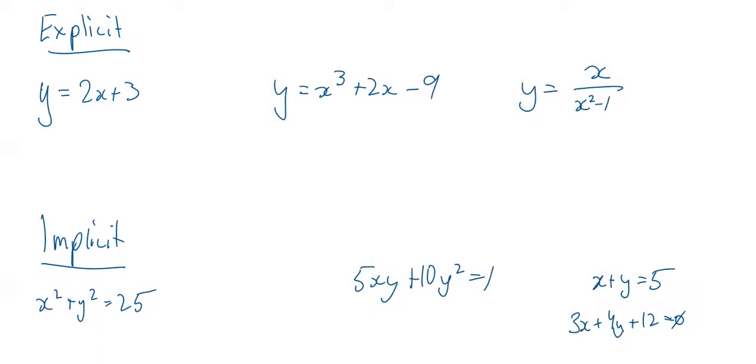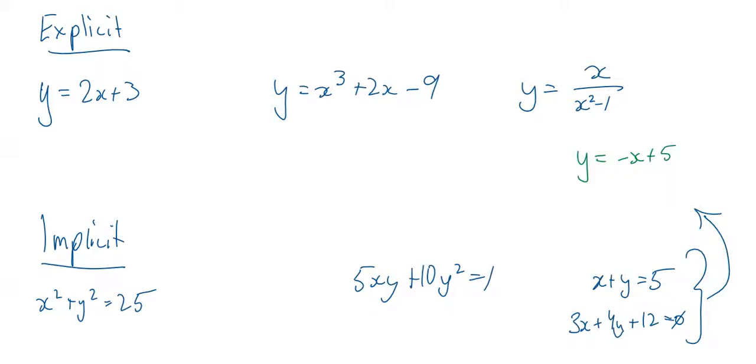The variables are mixed up and muddled on the same side, or however you want to describe it. Sometimes you have a curve or a line that happens to be implicitly stated, but could be explicitly stated. Like these two, I could rearrange them to y equals negative x plus 5.